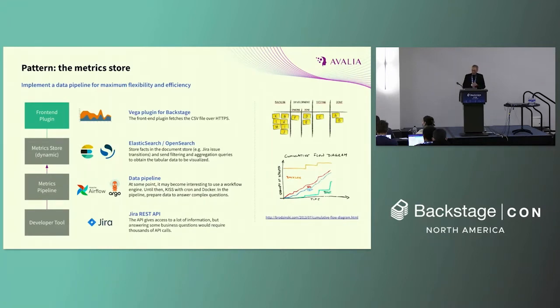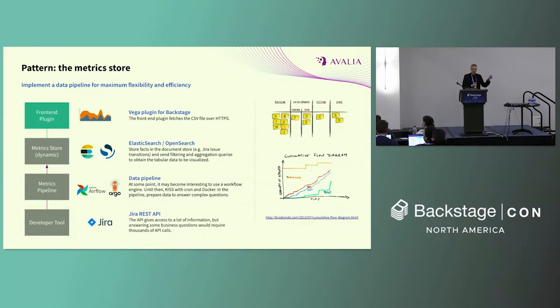So one example of the last pattern is if you want to visualize data from Jira, I guess we all know Jira. We probably all know what the CFD diagram is, where we want to show the amount of work to be done. This is the kind of visualization that you cannot do by interacting directly with the Jira API.